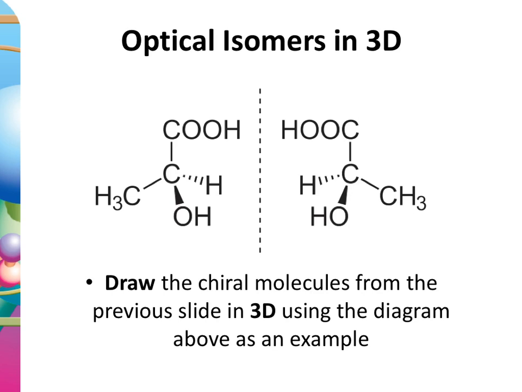It's not difficult. The way to approach drawing a tetrahedral shape like that is just to focus on the central carbon. So there's my carbon, and then practice drawing the 4 bonds. 2 of them are just straight lines, and then on the same side you'll have the wedge getting fatter, so that's a perspective where it's coming out towards you, and then you have a dash where it's getting thinner.